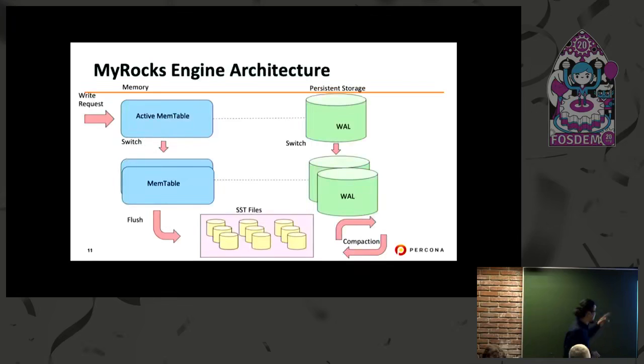When a write request comes in, the active memtables are written immediately along with the write-ahead log, and then they are flushed to the sorted SST files, and the compaction happens on that level. This allows fast writes and sorted files to be available on the disk.